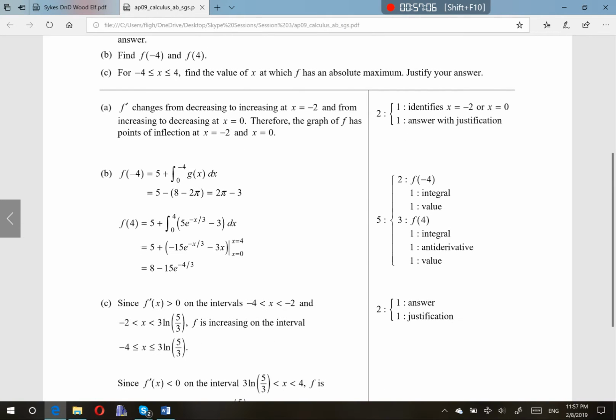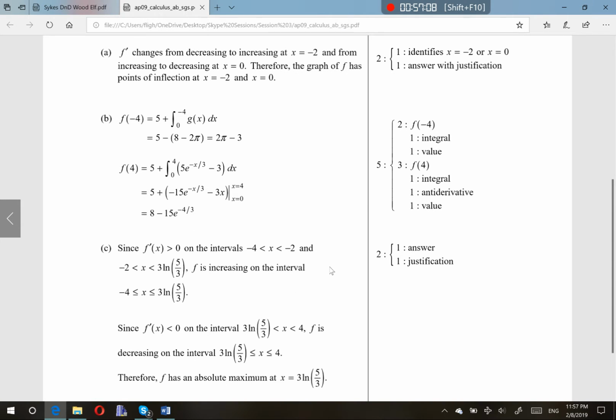Okay, so all 9 points there. On the AP exam, usually your answers are only 1 point out of 9. So it's really important to show your work, and if they ask for a justification or explanation, to write a sentence. Any questions on this one?